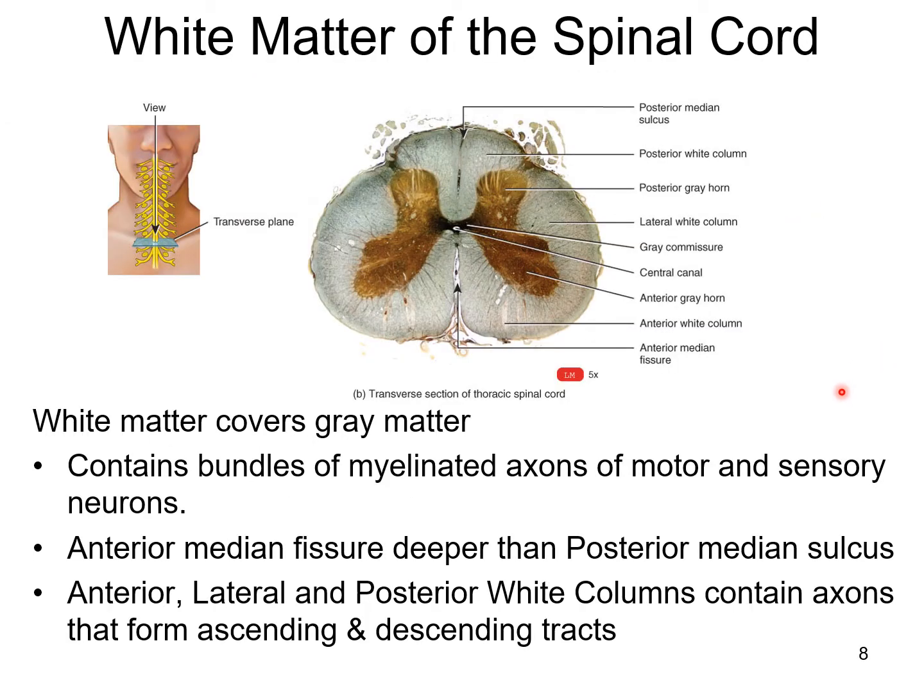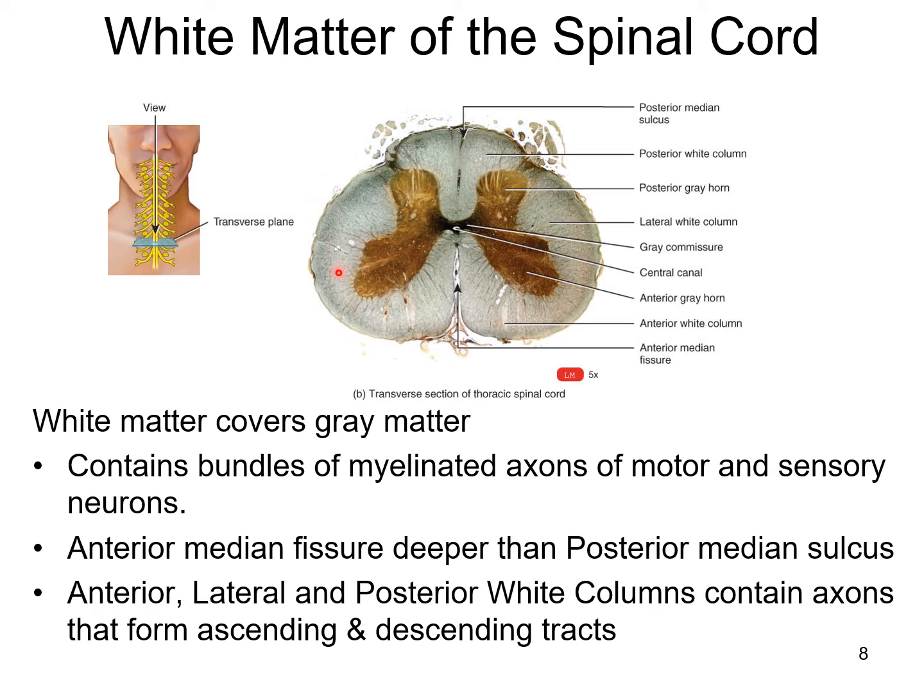In the white matter of the spinal cord, we are seeing only myelinated axons, and this will be the area of tracts that will be carrying nerve impulses up and down the spinal cord.